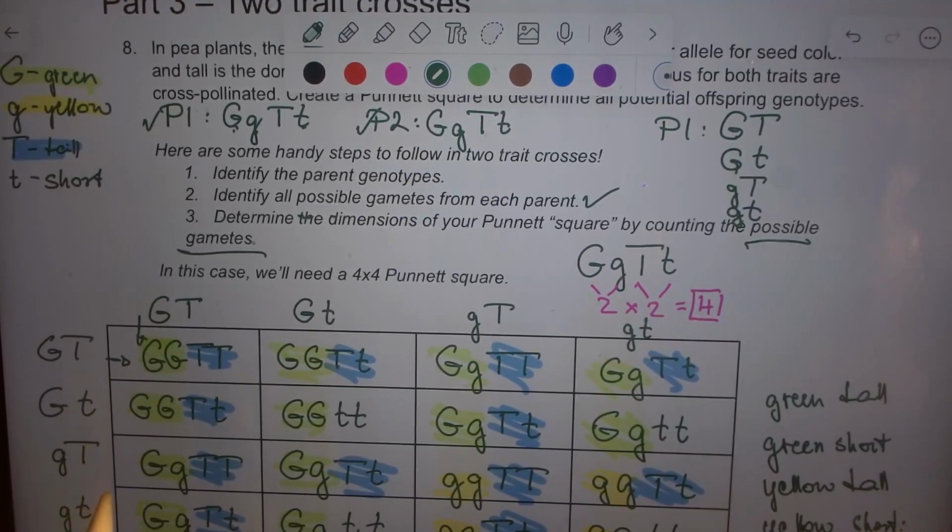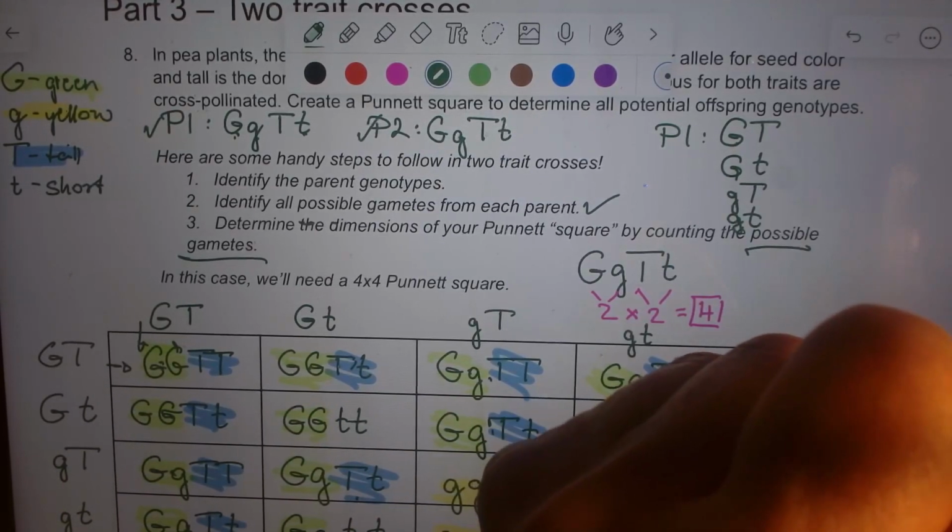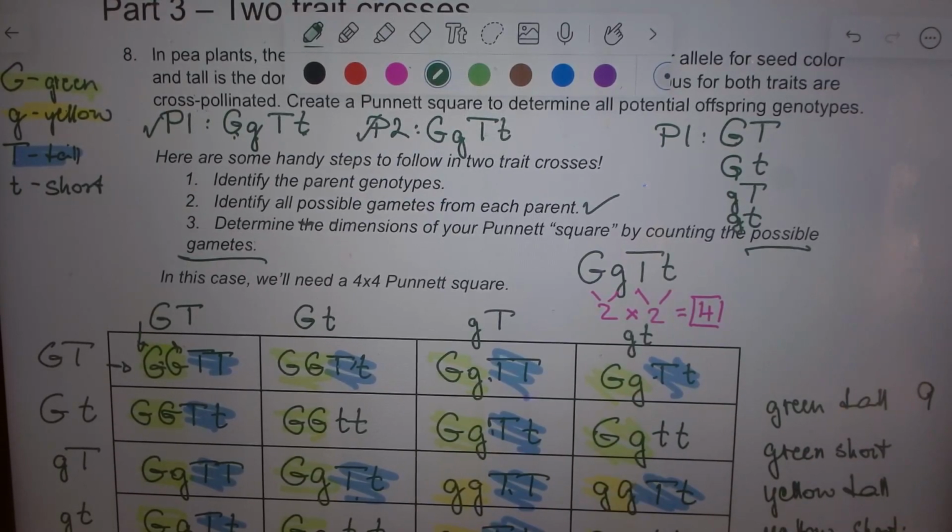All together we have 16. So 1, 2, 3, 4, 5, 6, 7, 8, 9 of them are going to be green tall.